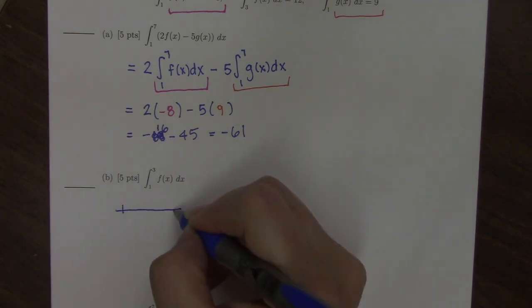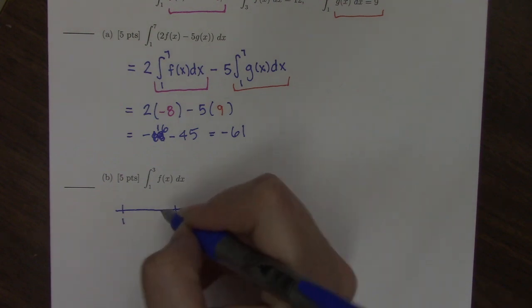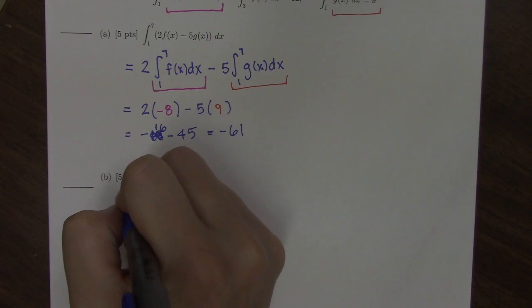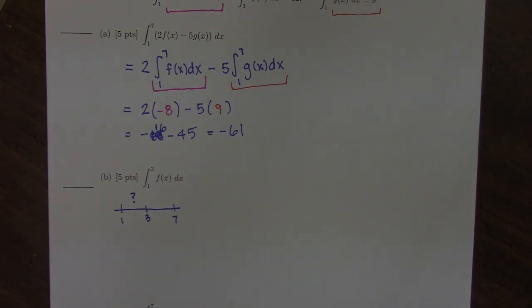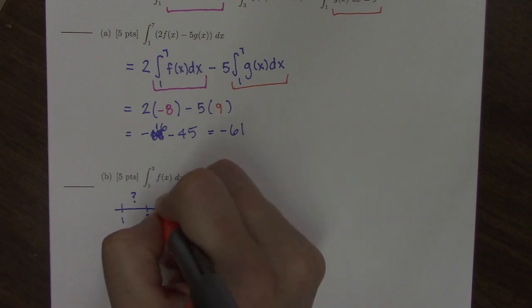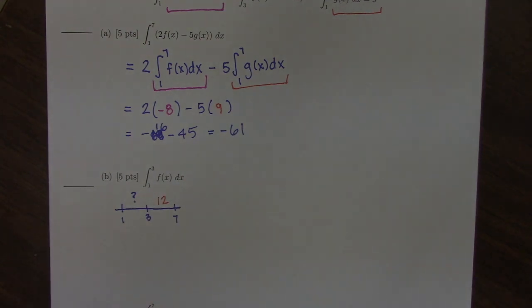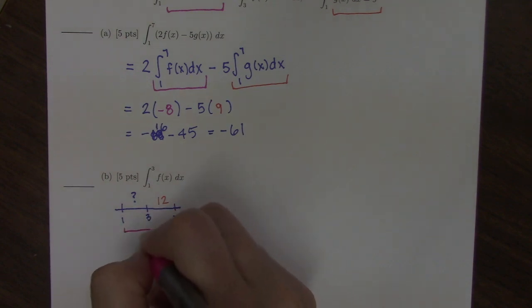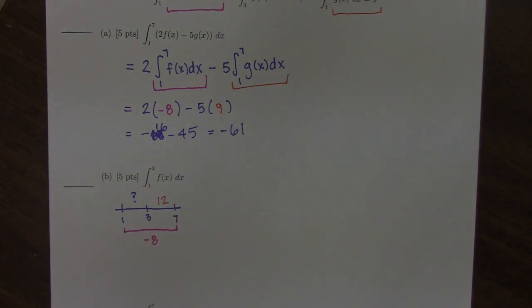So we know the integral from 1 to 7. We're looking for the integral from 1 to 3. So I don't know what this is. I was told the integral from 3 to 7 at the top is 12. And we were told that the integral from 1 to 7 is negative 8.